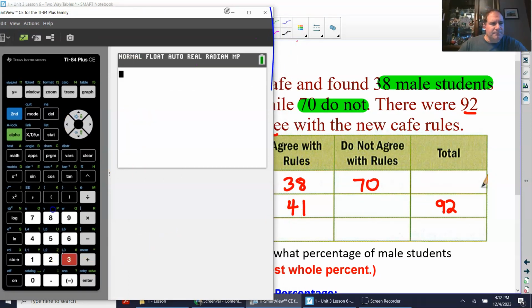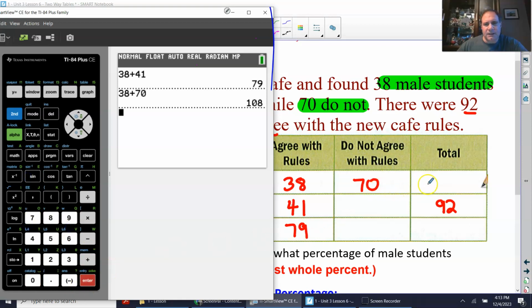38 plus 41 is the first thing that I'm going to be doing, and that is 79. So the total is 79. Then I have 2 in a row right here, so that's 38 plus 70 is 108. Then I have 2 with 1 missing in the middle. If I subtract these two, 92 minus 41, I'll get the one that's left over in the middle.